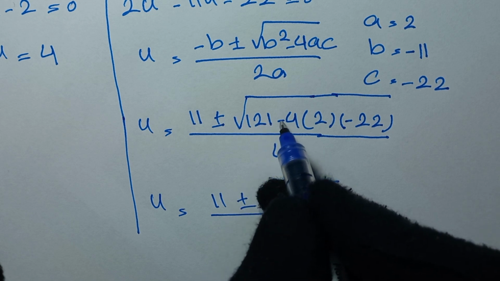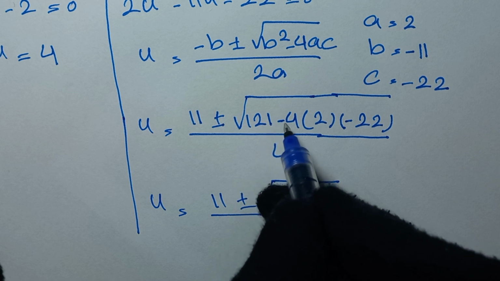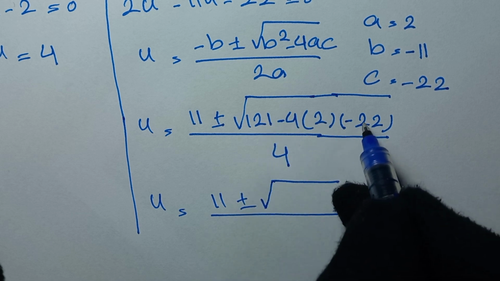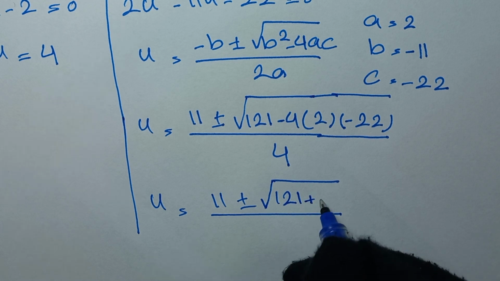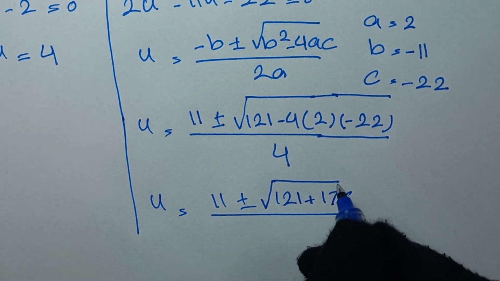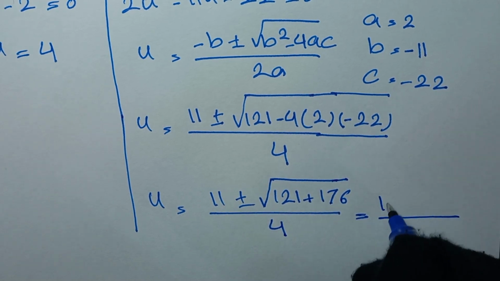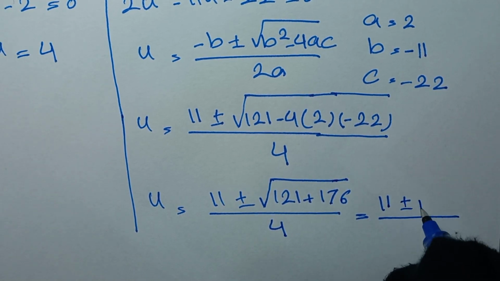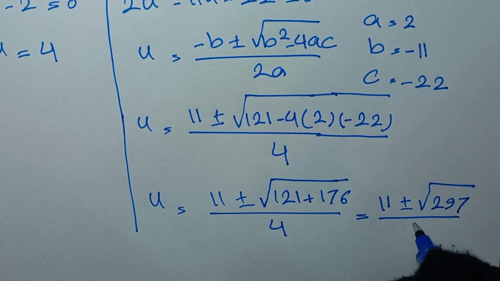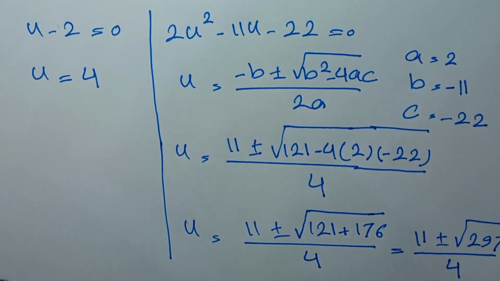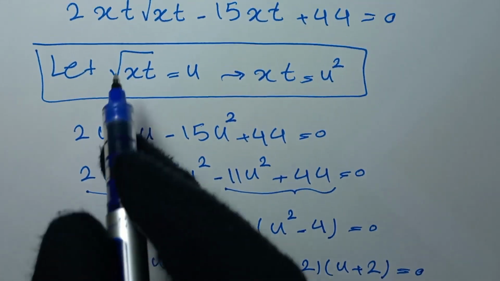In here we have negative times negative, it will be positive, so 121 plus 4 times 2 times 22, it will be 176, and over 4, and it will be 11 plus or minus square root of 297 over 4.